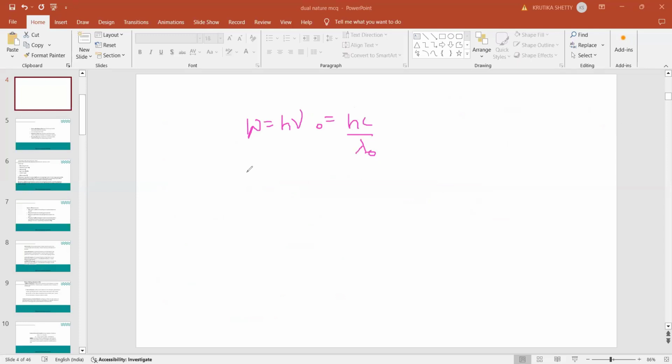According to Einstein's relation, kinetic energy is equal to h into bracket nu minus nu naught, or h into bracket 1 by lambda minus 1 by lambda naught. This is for the kinetic energy. This will be hc.